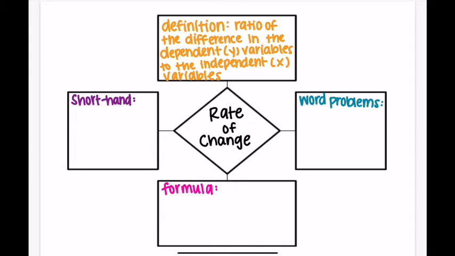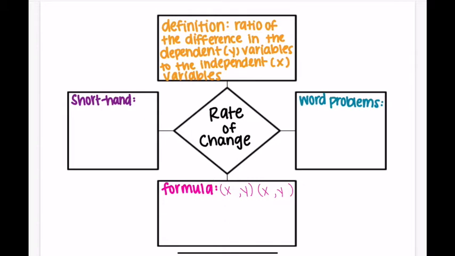So if you have 2 points that each have an x and a y, and then you have another point that's an x and a y, we would need to distinguish between these two.